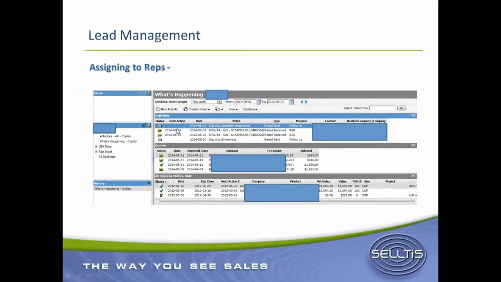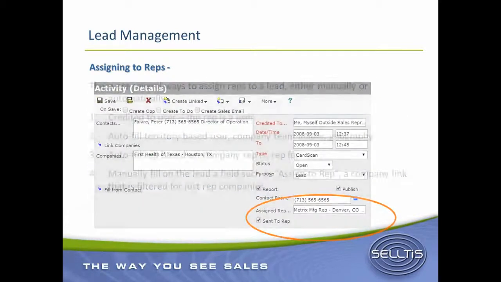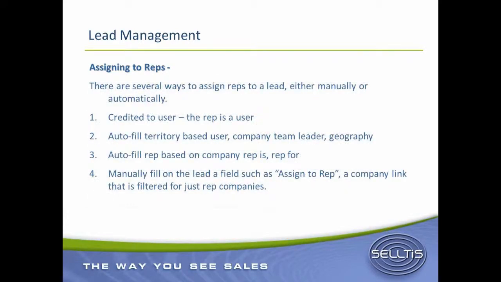So they have their activities, quotes, and the activities would include leads and then any opportunities that they're working on too. So in this case, the user that's assigned to the lead and assigned to any opportunities is the actual rep, and they have limited permissions and a limited login to see that data themselves in Selltis.